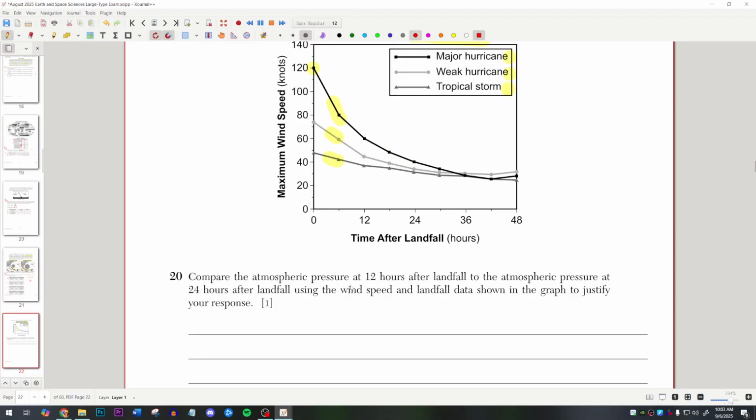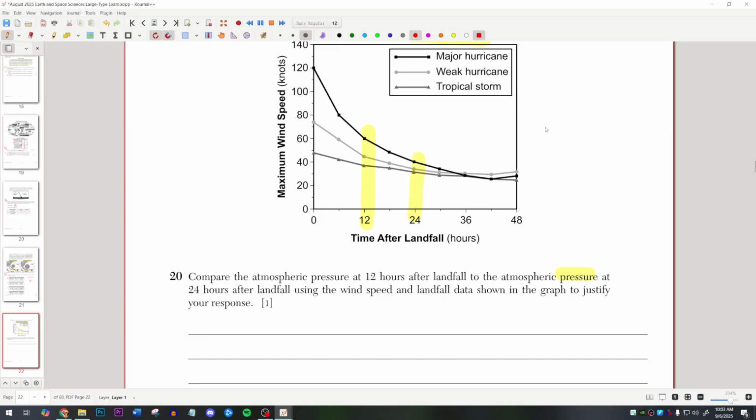Okay, compare the pressure at 12 hours after landfall to the pressure at 24 hours after landfall. Let's get rid of my highlights so we can look at this. And it wants pressure using the wind speed and landfall data. Okay, so here's what we got to know about this.